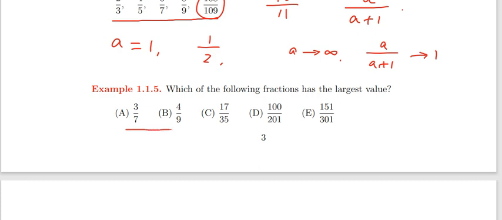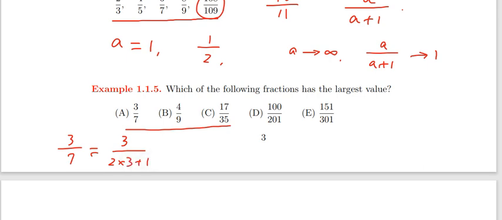For this 3/7, we find that if we fix the numerator 3, then the denominator 7 is 2 times 3 plus 1.